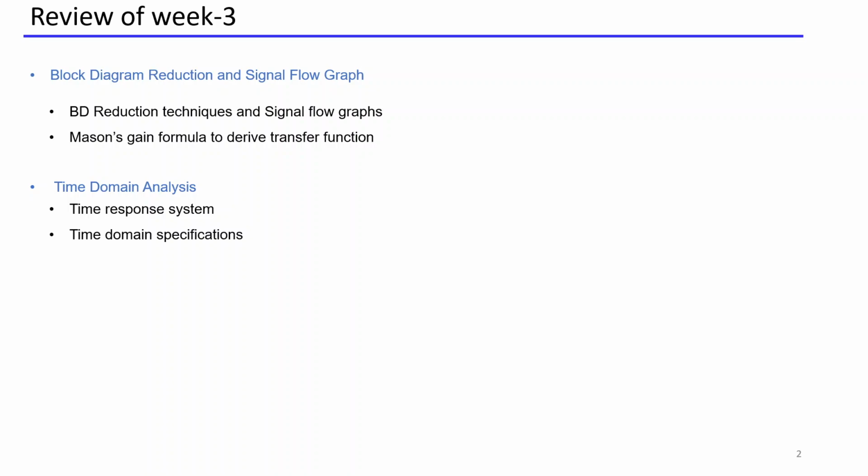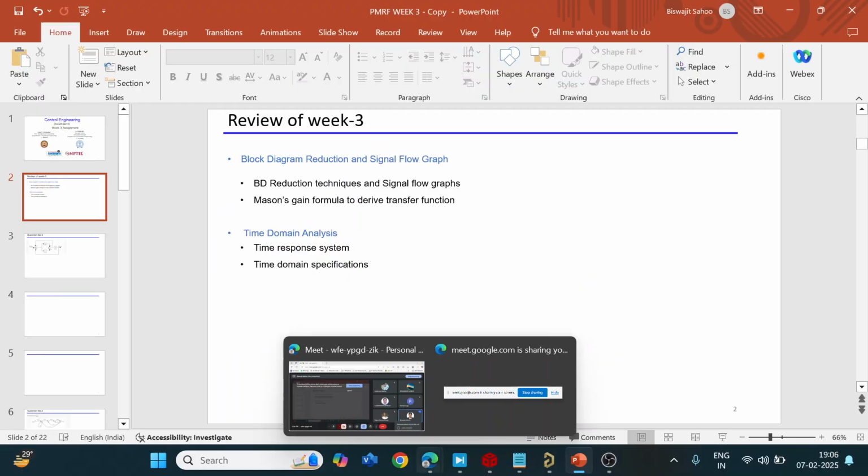The most popular technique that we are using is Mason's gain formula, and we will discuss some problems based on that. In the time domain analysis, we will mostly focus on the time response of the system and how to calculate the steady state error, all these things related to your week 3 assignment. So without wasting time, let's move.